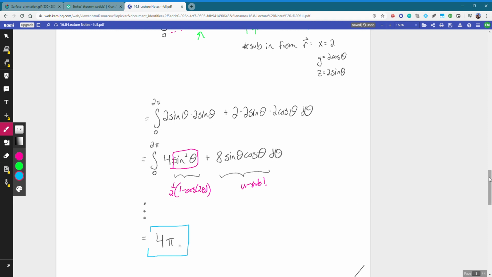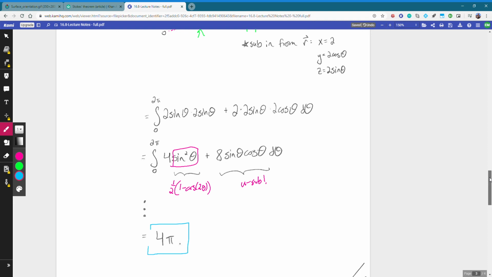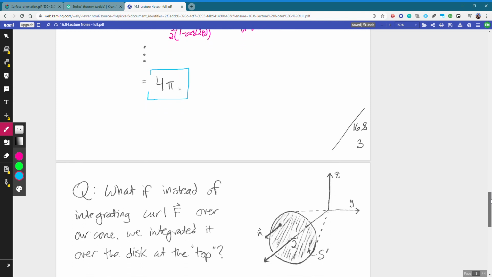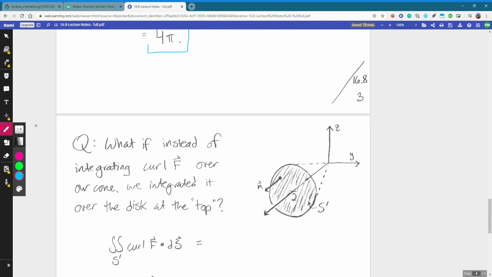So I want to play around with this example a little bit more. Let's keep the same vector field, but let's change the surface. All right, so we still have the same vector field f that we're thinking about. And what if instead of integrating the curl of that vector field over our ice cream cone, we just took this disk at the top of the ice cream cone and integrated the curl of our vector field over that, with this particular normal direction chosen.